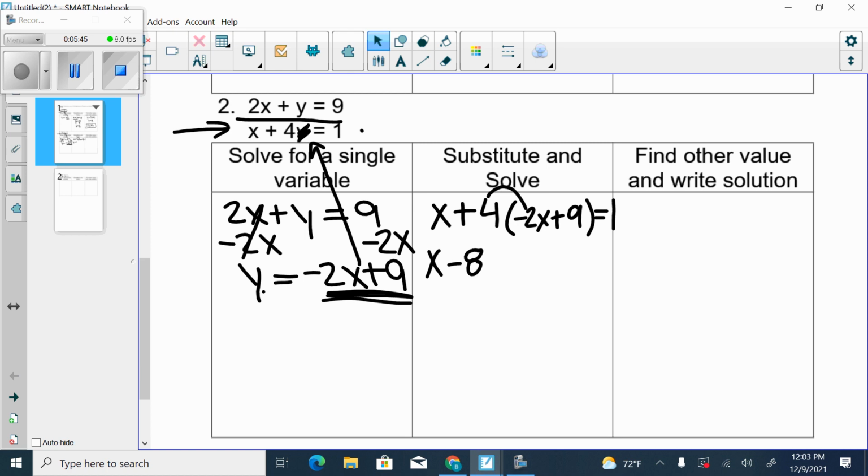And 4 times 9. It's all equal to. Okay. Then what should we do? Right, we've got 2 terms with x's over here. Put those together, what are we going to get? So negative 7x. Very good.